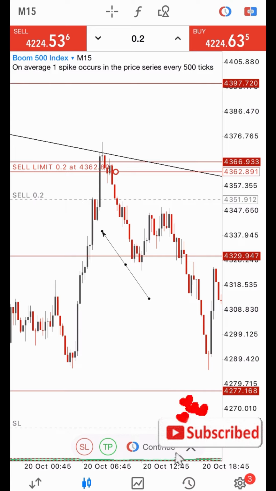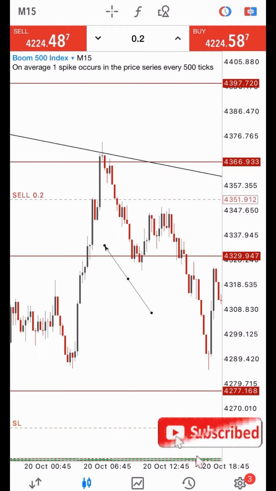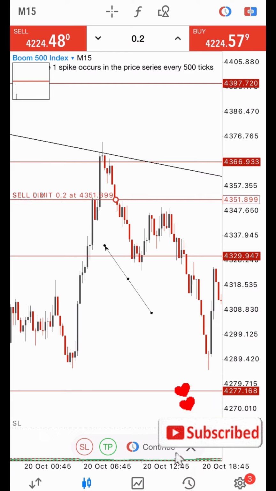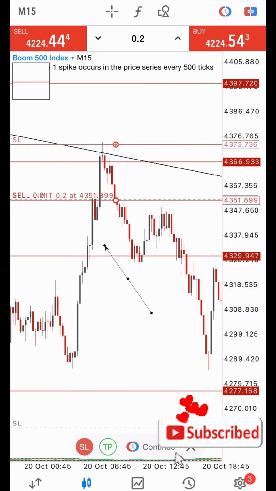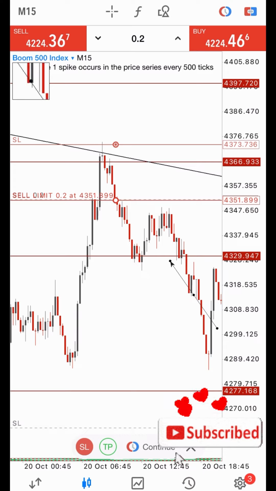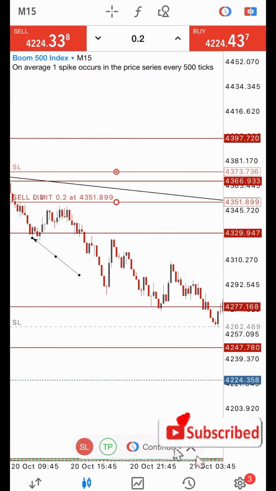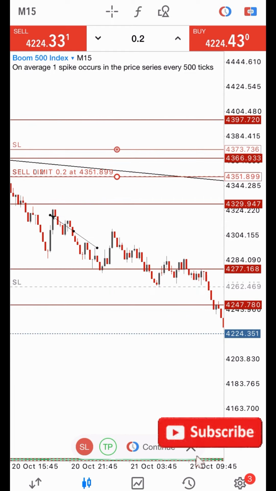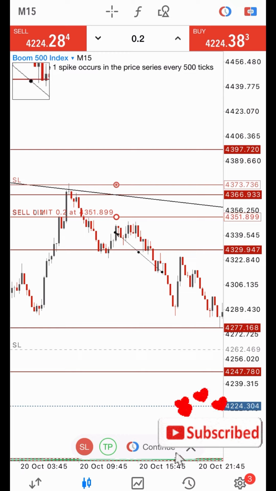That was how I got this entry here, because I set my sell limit here, and I had my stop loss set right above my resistance zones. That was how I caught the entry I'm currently running. I've been holding the trade for about a day, because it was yesterday morning that I took it, so it's about 24 hours now. I caught this entry and it's been going quite well.